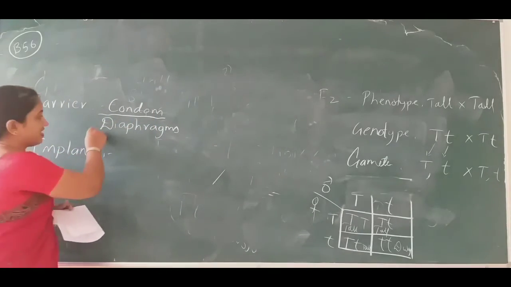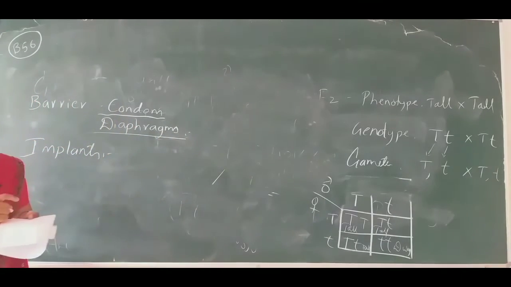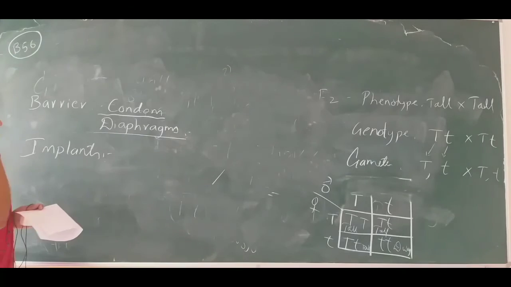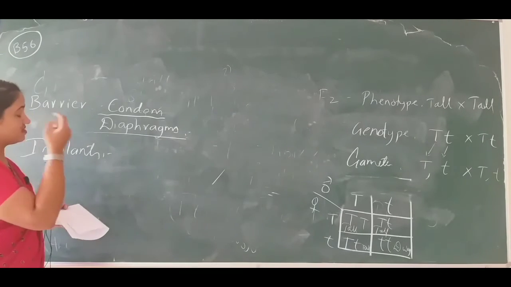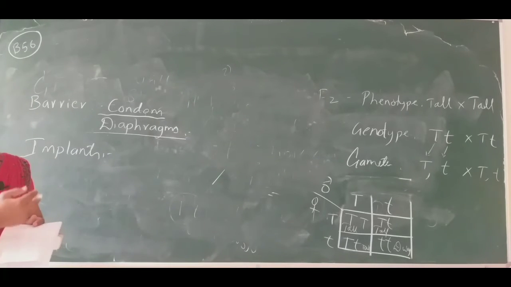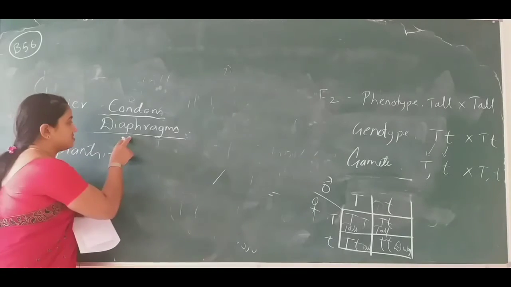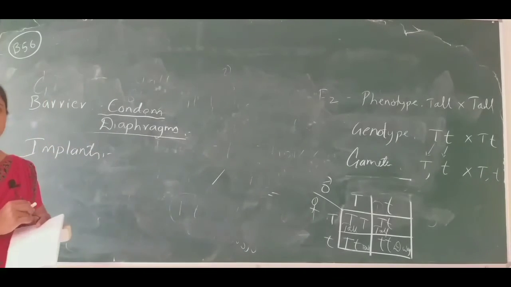Next is diaphragms. Condoms are for both male and female, both can wear them, and here the diaphragms are like cervical caps. These diaphragms are meant for females.